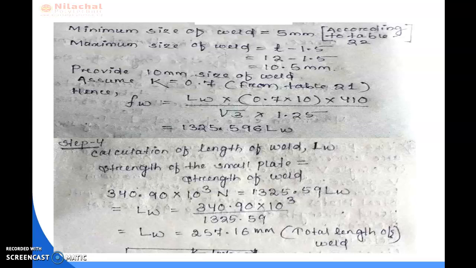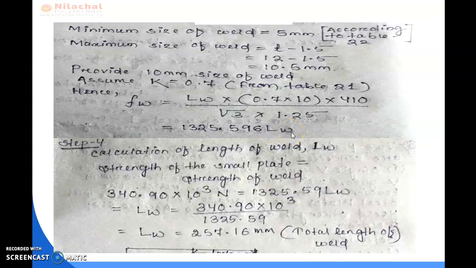In the last class we solved a problem up to FW, that is LW into KS into FU divided by root 3 into 1.25, and today we solve the rest of the problem. After you calculate the FW part, you get 1325.596 LW.